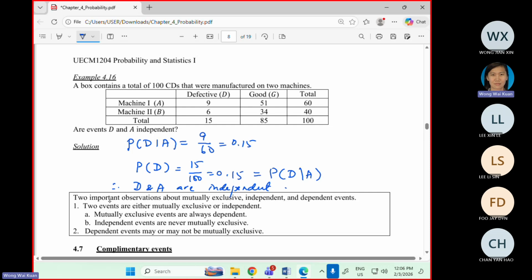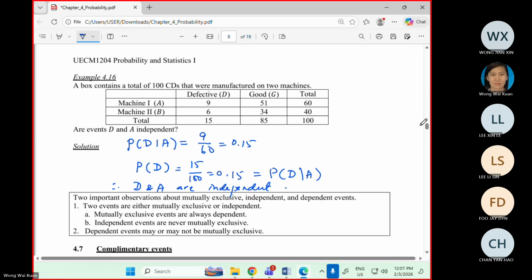Okay, so now, two important observations about mutually exclusive, independent, and dependent. When we have two events, they are either mutually exclusive or independent, either one actually. So, mutually exclusive events are always dependent. Is it correct?